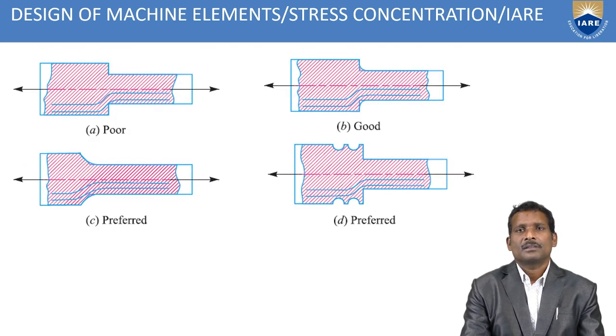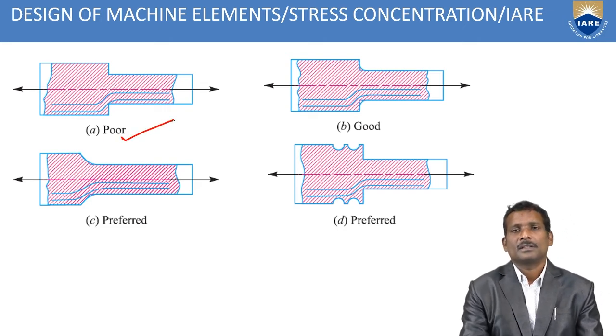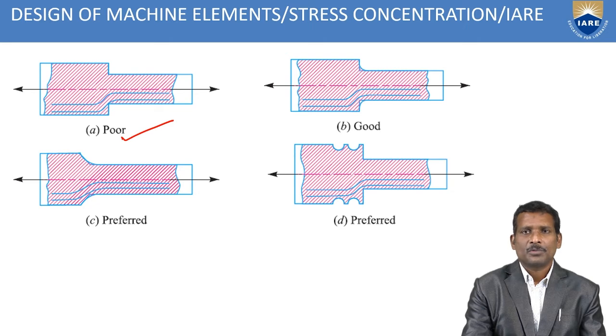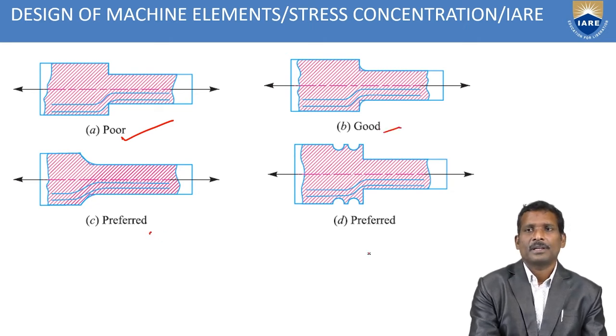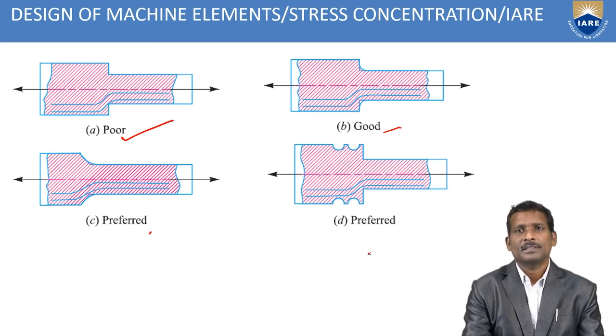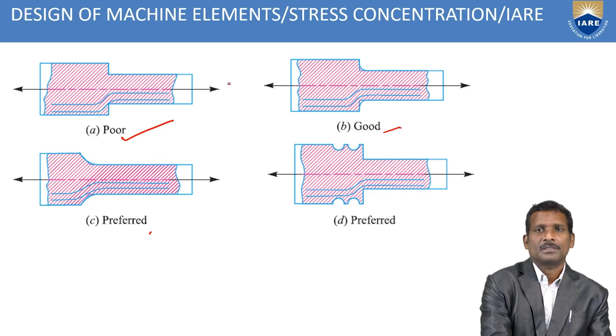See, here are shown some figures from A to D. The first figure indicates poor, and this one is good and preferred. Why is it mentioned like this? Whenever this object is subjected to a tensile load, the stress distribution lines are force carrying lines.